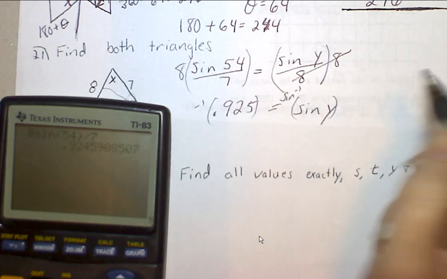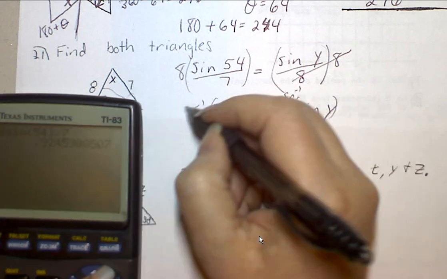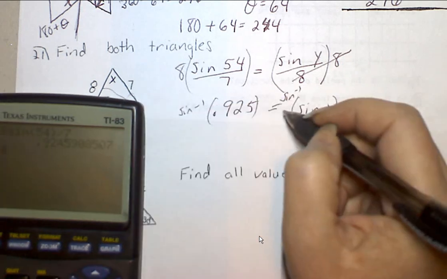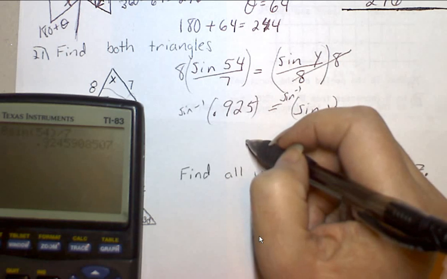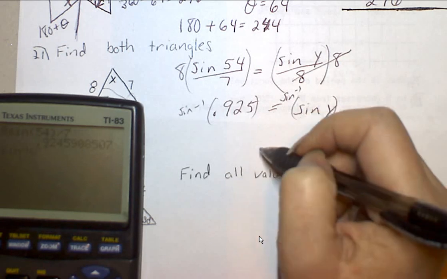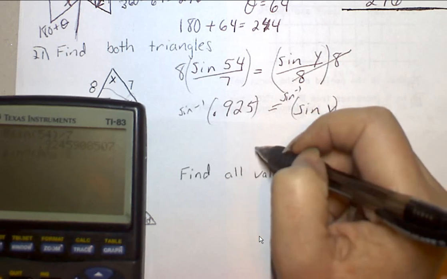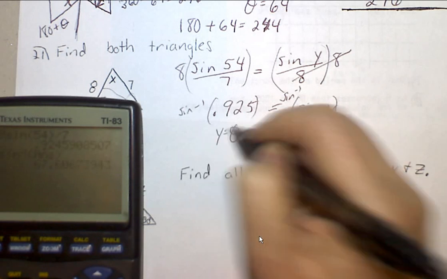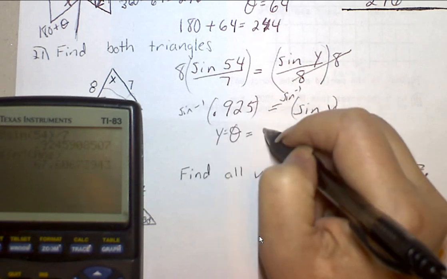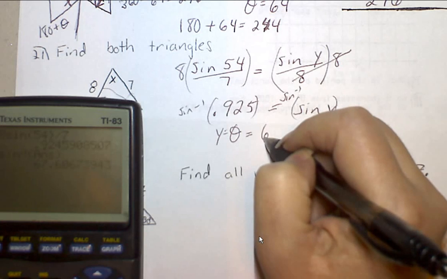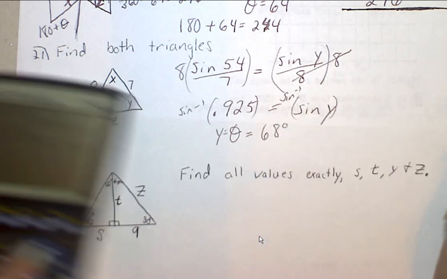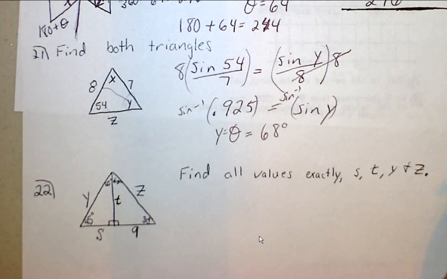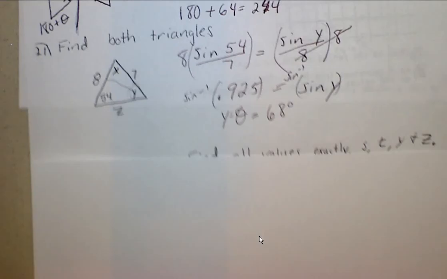So I'm going to take the sine inverse of my answer, and I get y to be, which is theta, about 68 degrees. So that means that I have, I'll move this up a little bit, not too far, so you can see it.